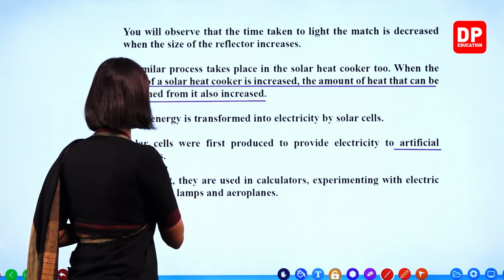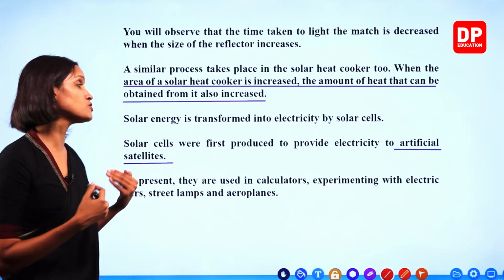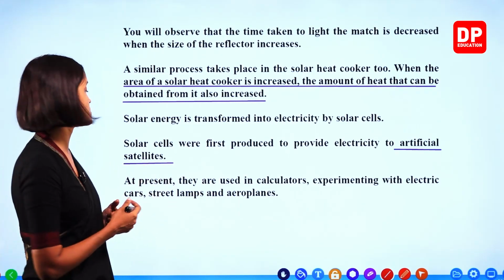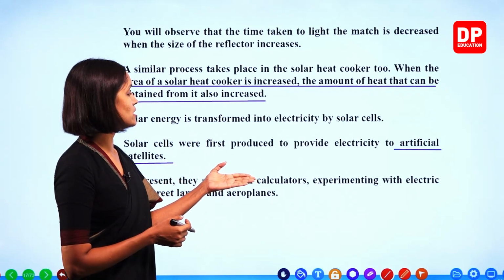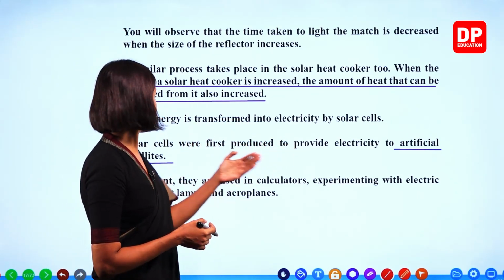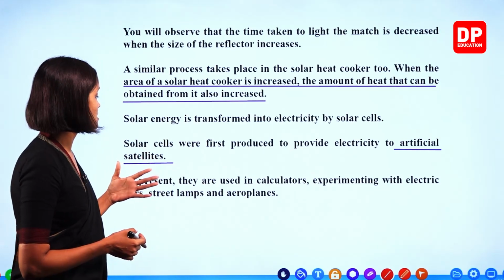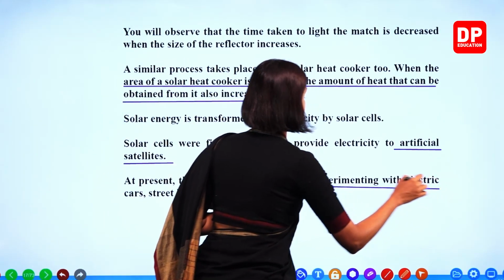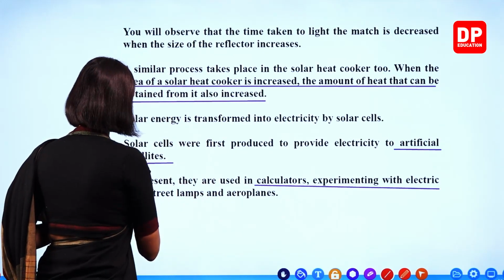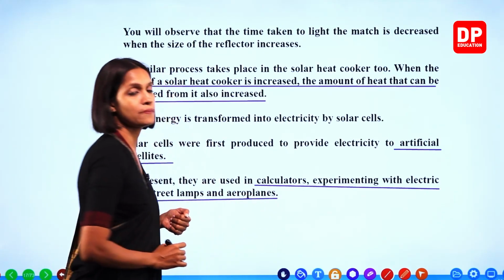But nowadays we use these solar panels for other purposes as well. At present, they are used in calculators, experimental electric cars, street lamps, and also aeroplanes. These are the other instances where solar cells and solar panels are used.